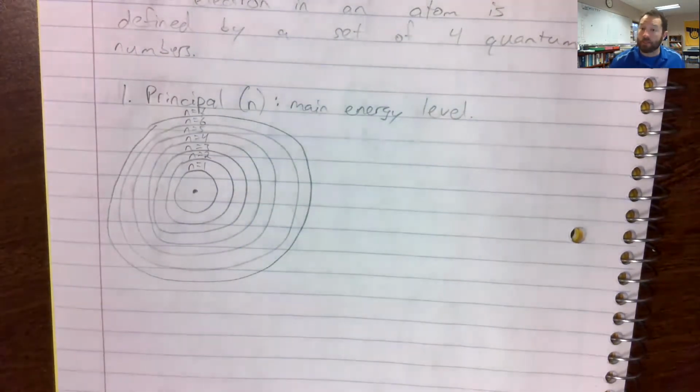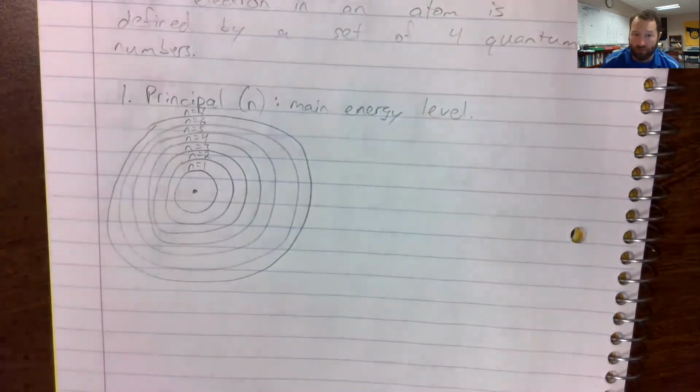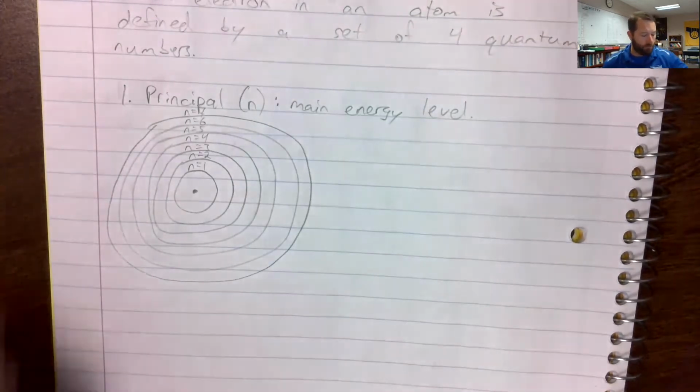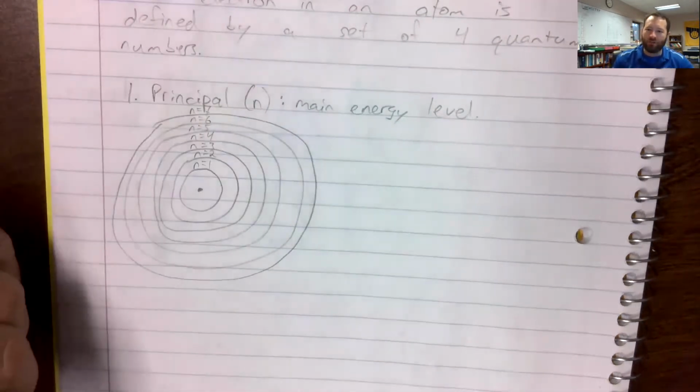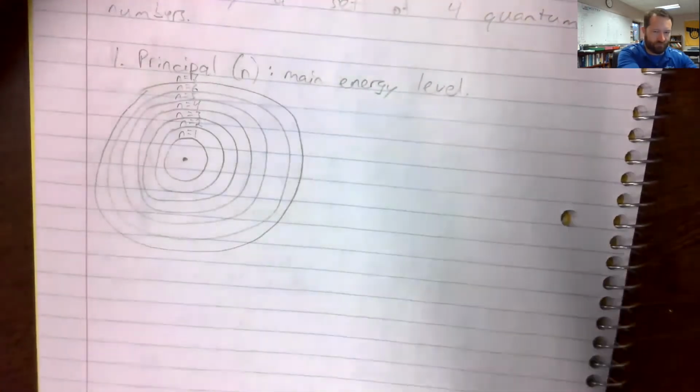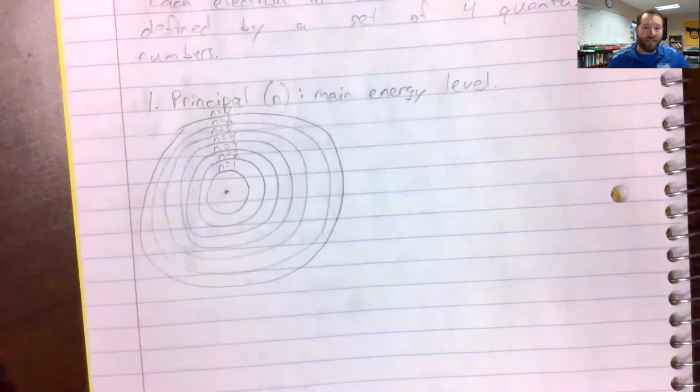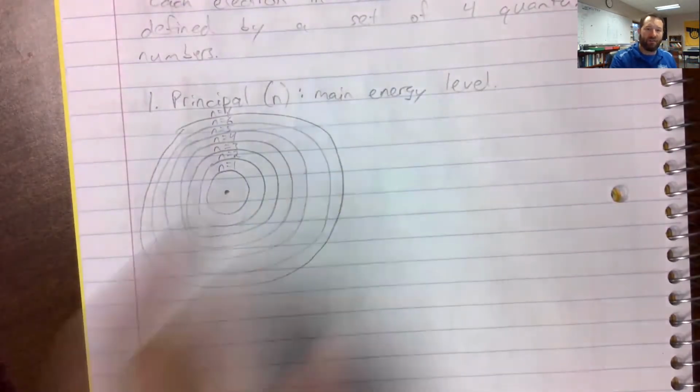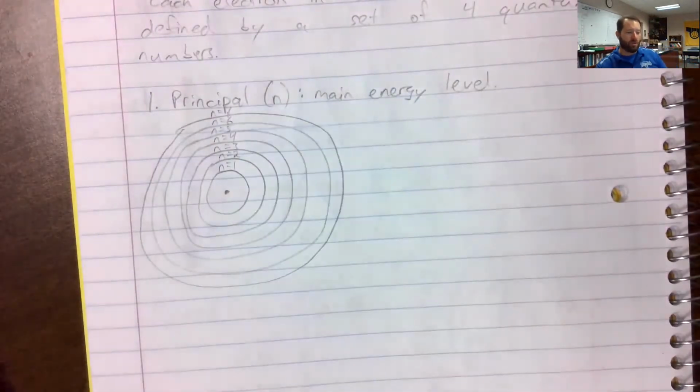We're not limited to 7. Theoretically, there's a lot more than 7. There's infinite, really. But for right now, we tend to just work with 7 principal energy levels. All right, so that is the first description of an atom.